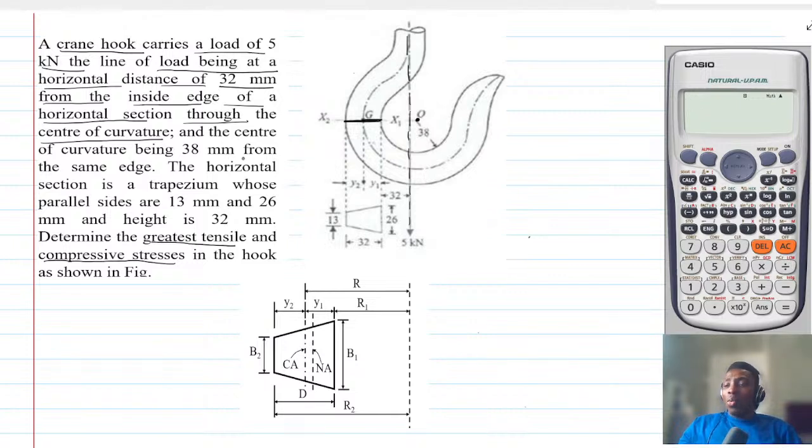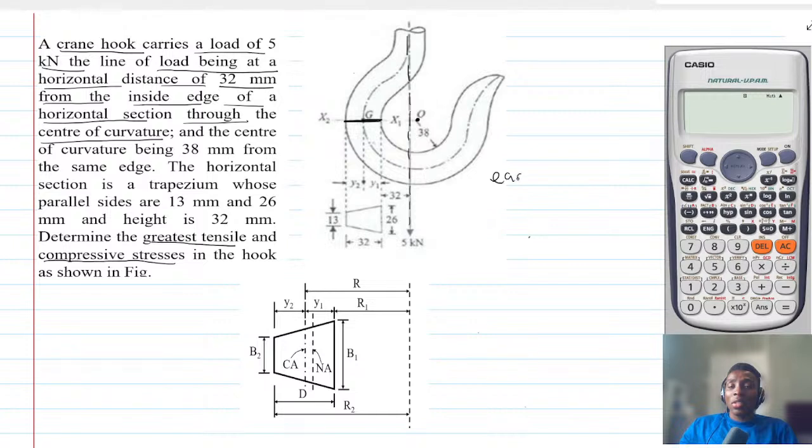Okay. So right now we have to look at the trapezium and all the analysis using the trapezoidal cross section. Don't forget that I told you that the link radius is applicable to all the cross sections.